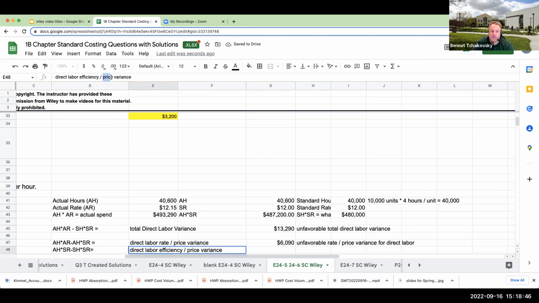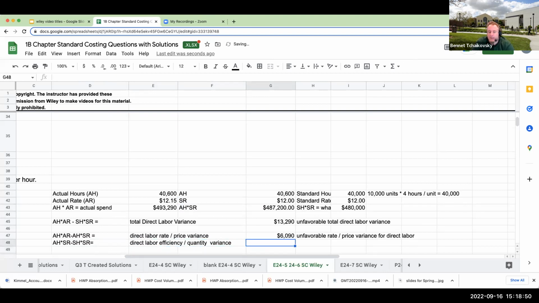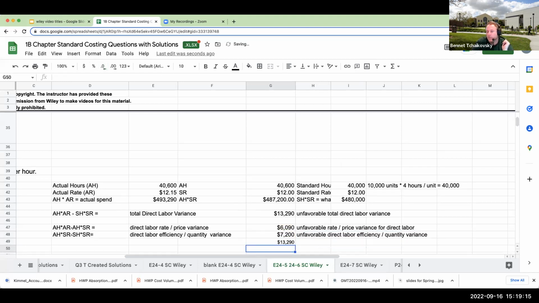This is going to be the efficiency or quantity variance. I'm not perfect. So when I take 487.2 minus 480, this is going to be 7,200. So this is going to be an unfavorable direct labor efficiency or quantity variance. How do I know if I've done this correctly? I've got to add up my two variances over here, and I know I'm good to go because it equals the total unfavorable amount.